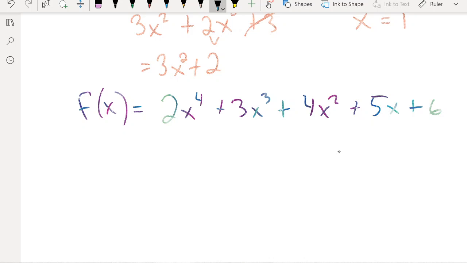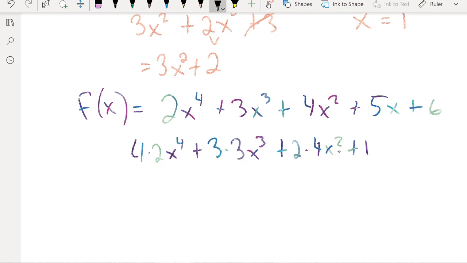Okay, let's do this. I'm not even going to go up to the steps. We'll just see, and actually pause this video if you want to try this out and take this derivative and see if you get the same thing. Okay, so step 1, multiply by the power. 4 times 2x to the 4 plus 3 times 3x to the 3 plus 2 times 4x squared plus 1 times 5x to the 1 plus 6.